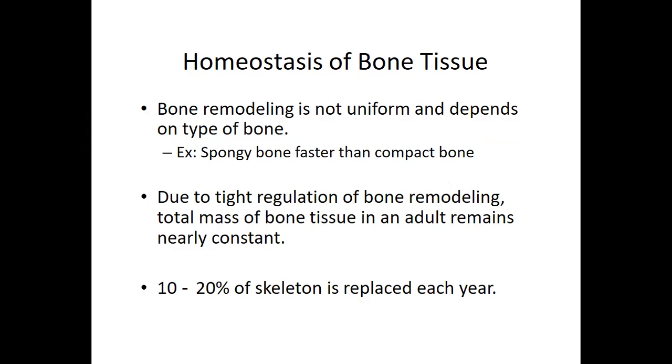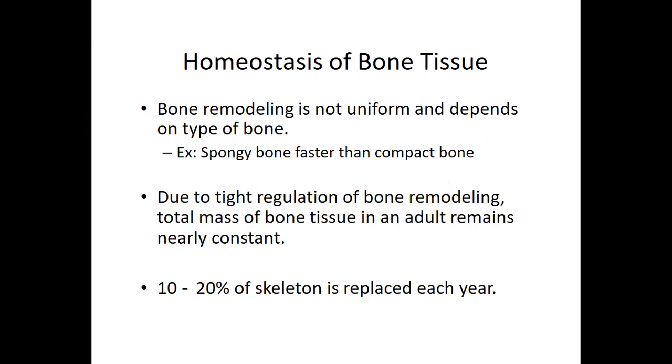Bone remodeling is not uniform. So it doesn't occur at the same rate and the same time across all bones. It really depends on the types of bones that we are talking about, and probably the needs of the bone. So spongy bone lays down faster than compact bone, which to me makes sense because compact bone is more compact. It is more dense.